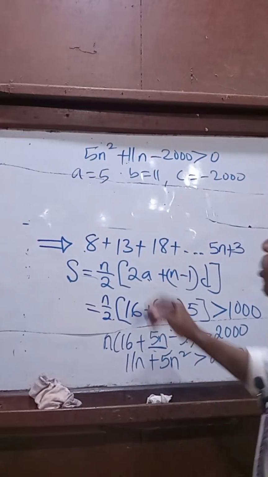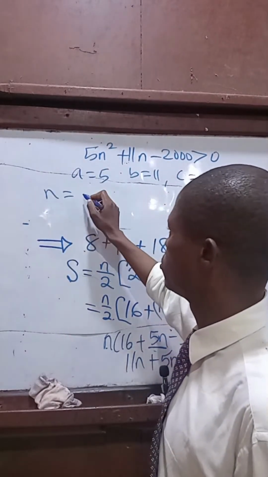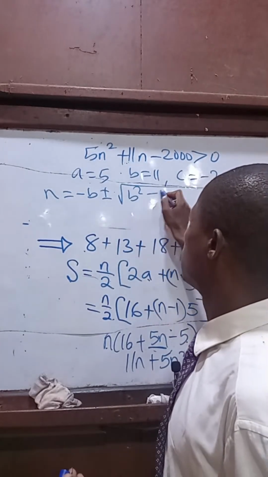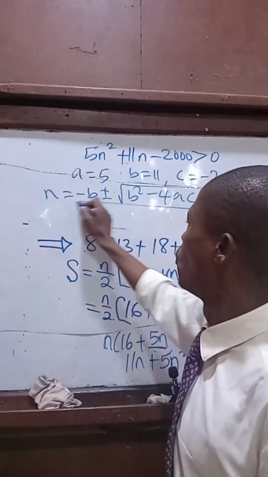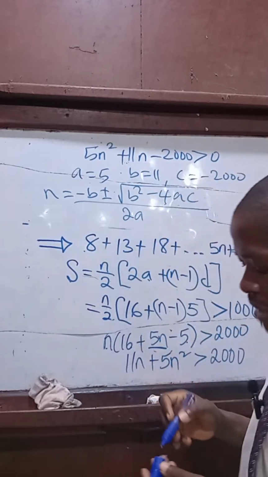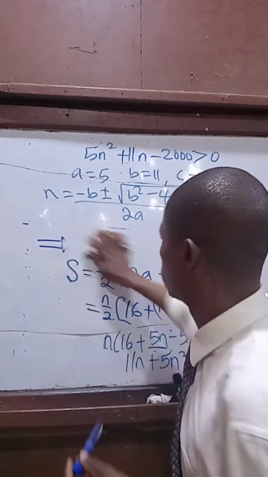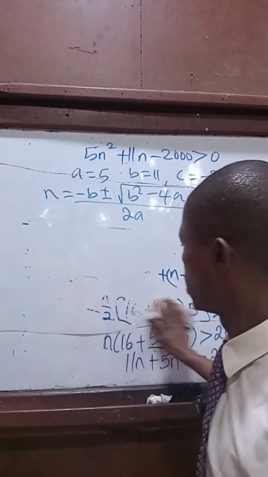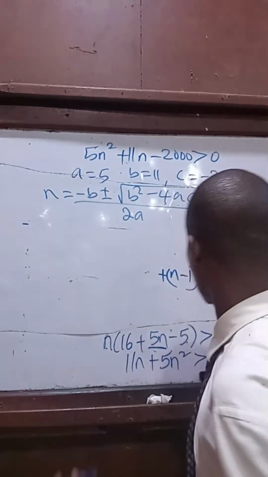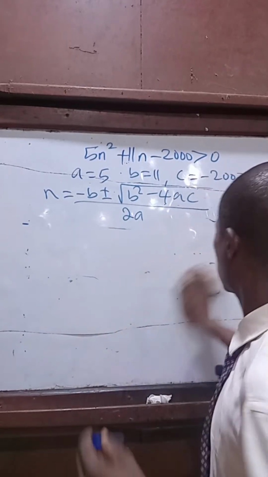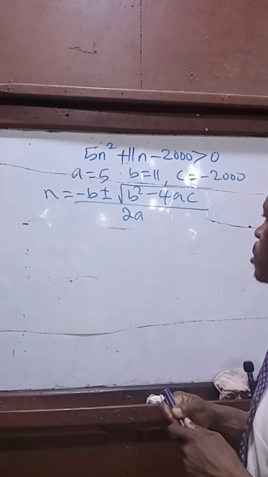The quadratic formula is n equals minus b plus or minus the square root of b squared minus 4ac, over 2a. Then begin to do your substitution, plug in those values.